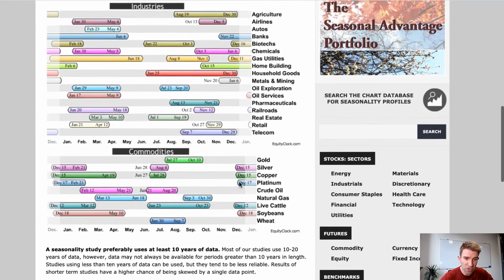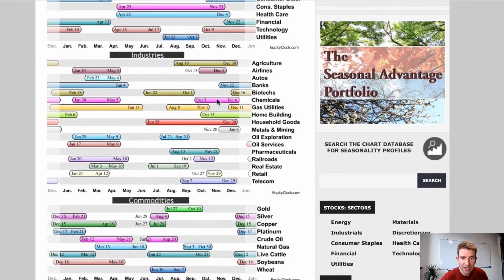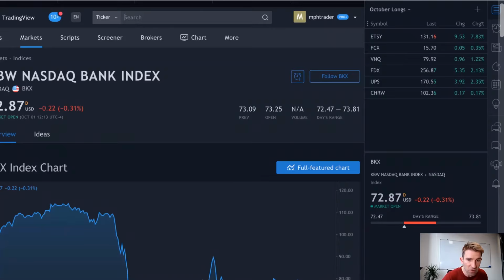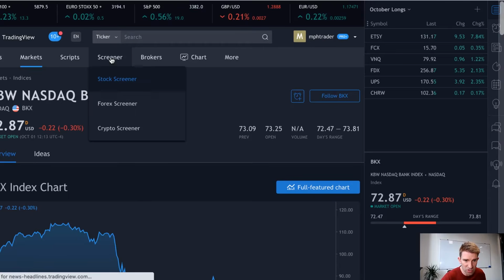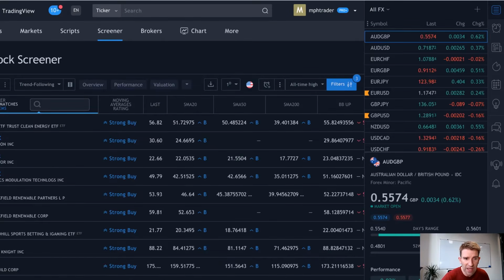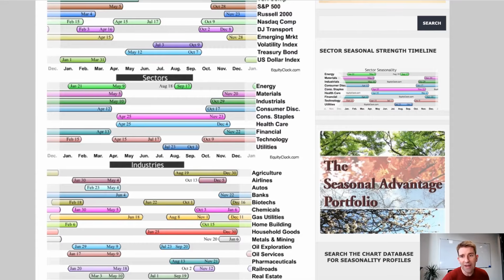So you start to look at seasonality. For example, we might go, right, industrials and consumer discretionary are doing okay in October. Technology does okay in October, right at the beginning of October. So I might then go into my screener on TradingView. TradingView's got a decent stock screener that you can use, or finviz.com, you can use a stock screener there, and I might screen through and add those to a filter.